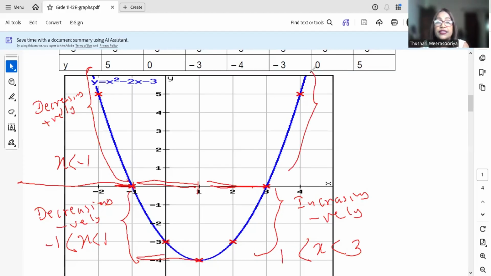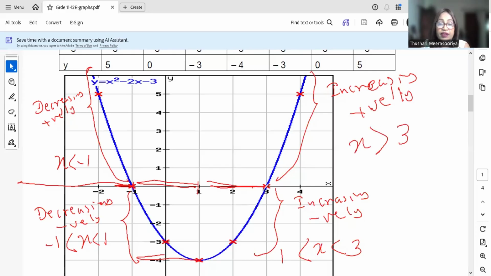Then this one, increasing positively, that is X is greater than 3. That is the range, the X values.